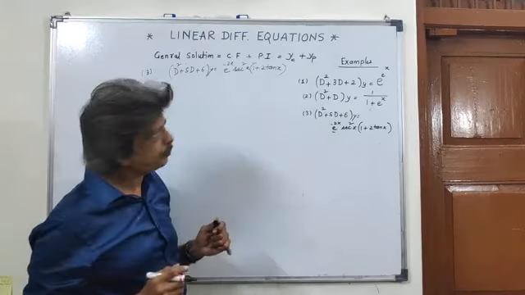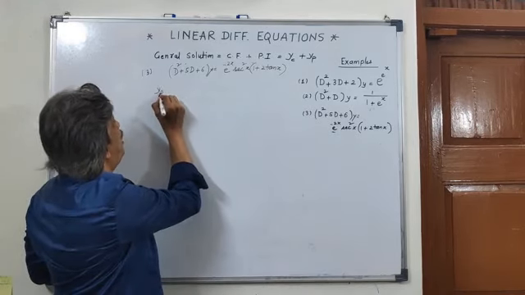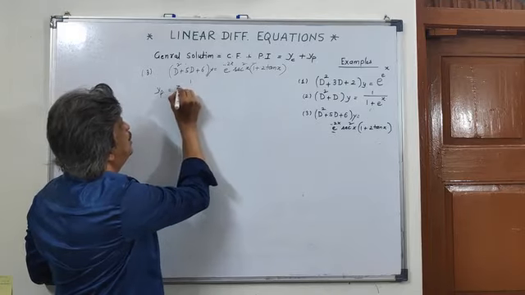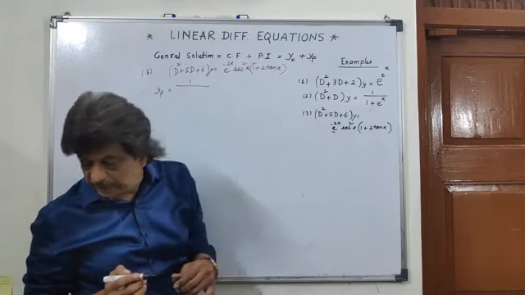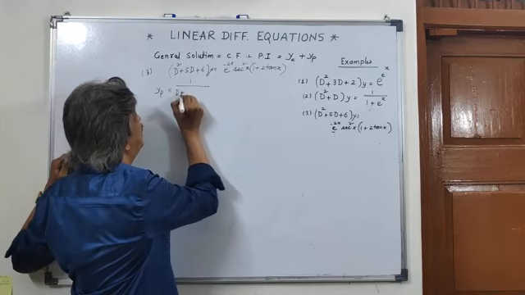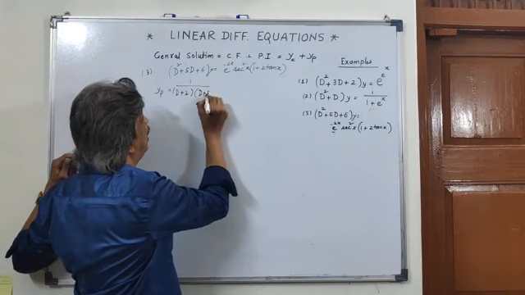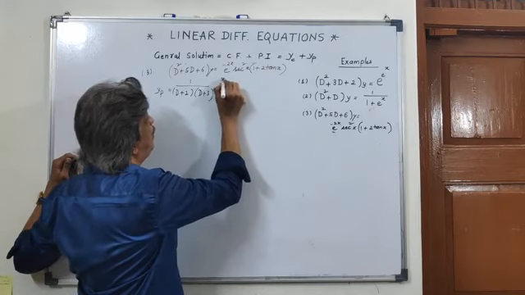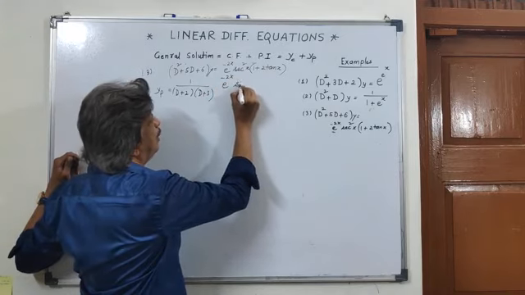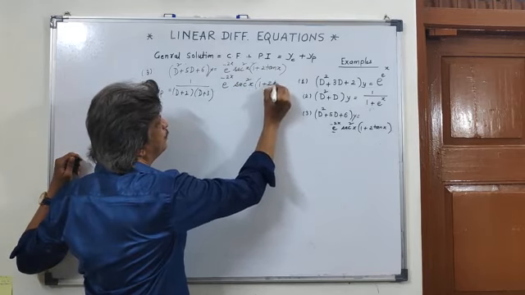Yp is as usual 1 upon f of D. It is D square plus 5D plus 6, which factorizes as D plus 2, D plus 3 into f of D, e to the power minus 2x into sec square x into 1 plus 2 tan x.